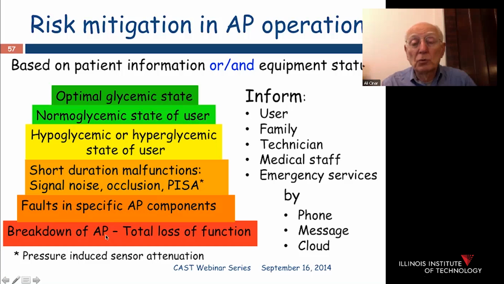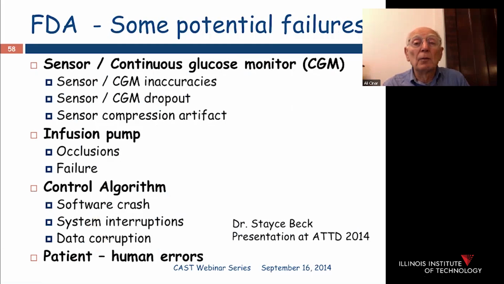So one needs to develop some systems that will be able to combat this list of potential failures in sensors, in insulin pumps, in control algorithms, or in patient or human errors that has been listed by FDA as a representative sample. This is certainly not an all-inclusive list.